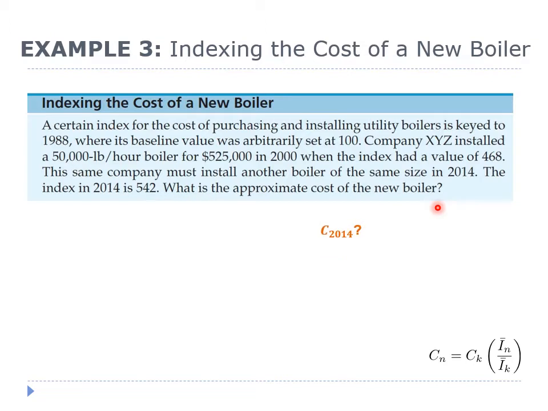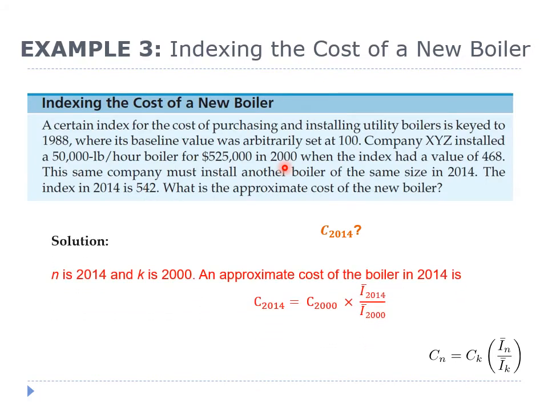Okay, here we are requested to estimate the cost of the boiler in year 2014 by referring to the price of the boiler at an earlier point in time. We use year 2000 as our reference year rather than 1988 since only the price of the boiler in year 2000 is given. Therefore, N equals 2014 and K equals 2000. We can approximate the cost of the boiler in 2014 by using this formula.